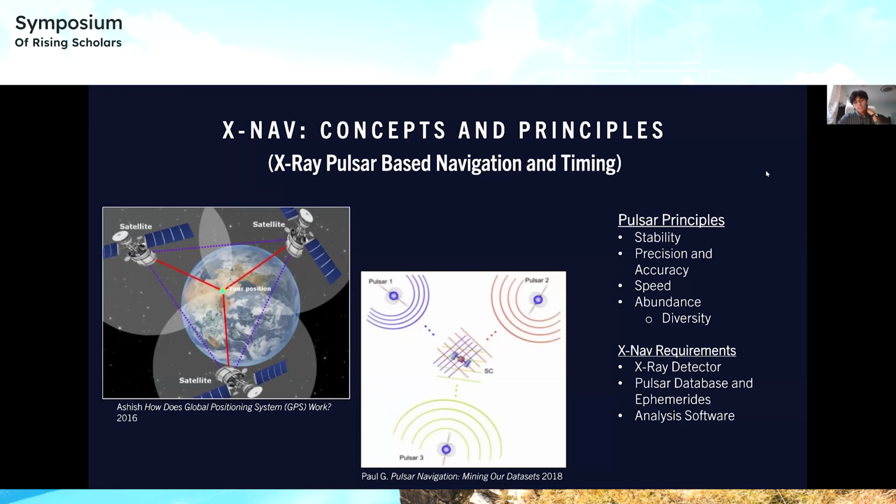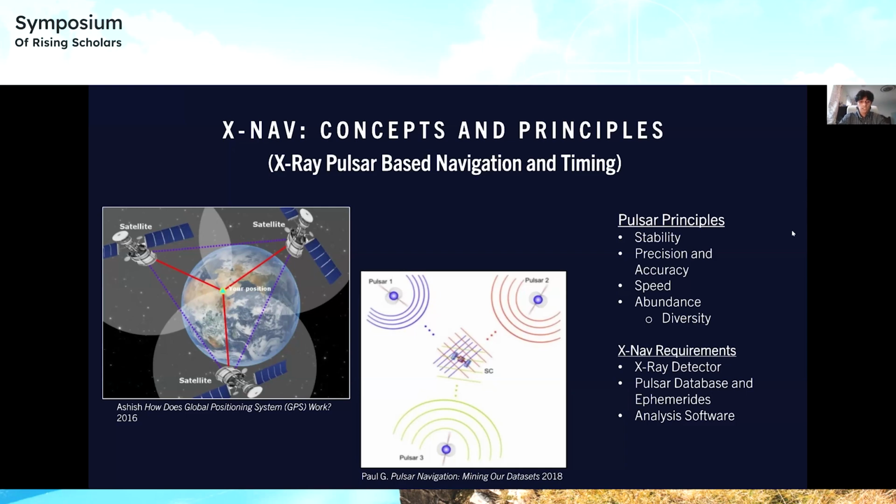Now, there are 3 main differences between GPS and XNAV. With XNAV, we don't have man-made satellites spread out across the universe. So now we have to use these things called pulsars, which, as we said earlier, are 1, super stable. 2, they're extremely precise and accurate in terms of timekeeping. 3, they emit signals extremely quickly.